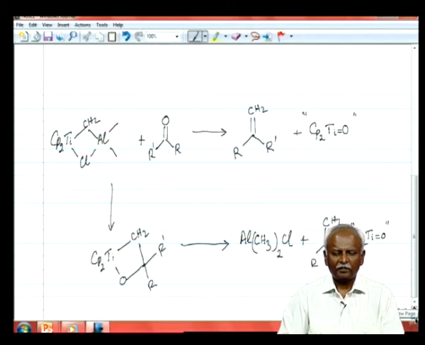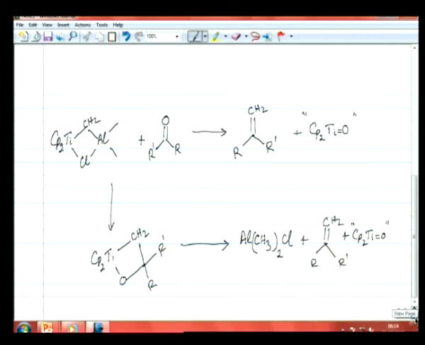So, the Tebbe reagent, which we have shown here, can react with a variety of ketones to form olefin, and that happens to go through an intermediate, which I have drawn here, and clearly shows that a metallocyclobutane can be a possible intermediate in these reactions.